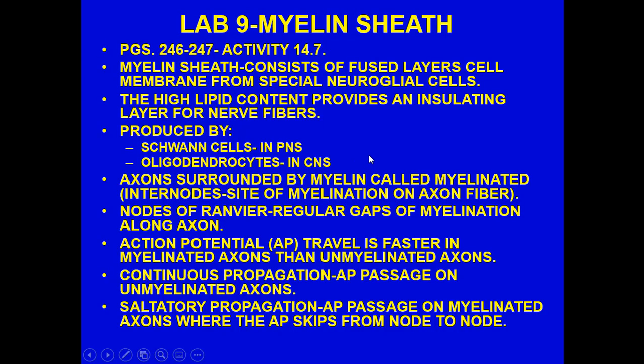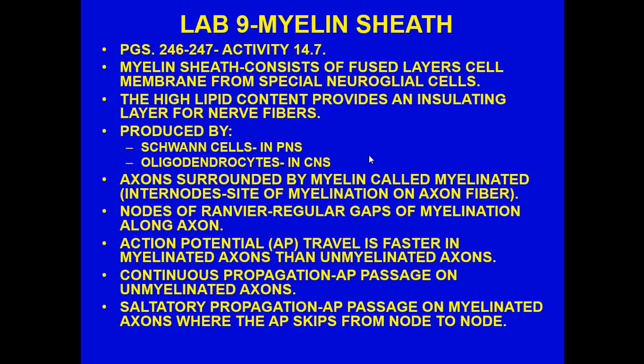In activity 14.7, we talk about the myelin sheath further. This consists of fused layers of cell membrane from special neuroglial cells. The high lipid content provides an insulating layer for the nerve fibers. Now, in the PNS, the peripheral nervous system, this is done by Schwann cells.